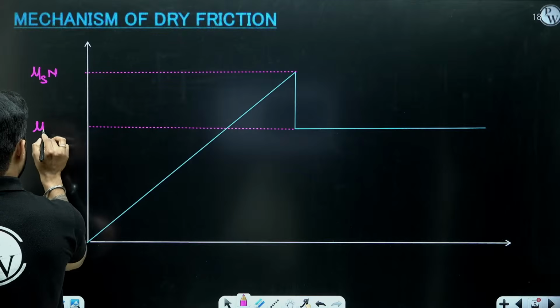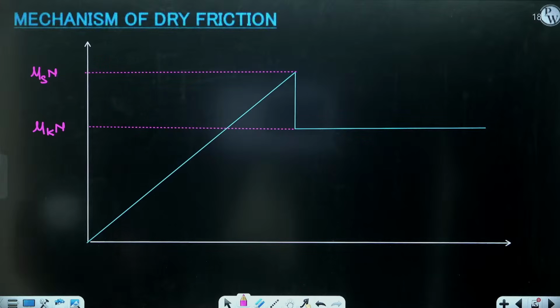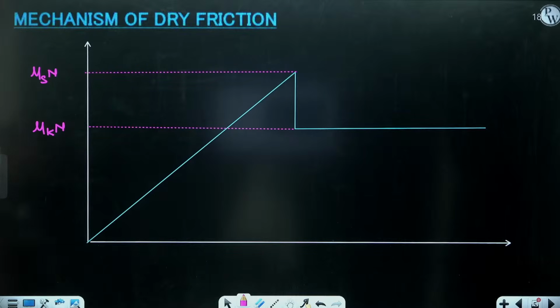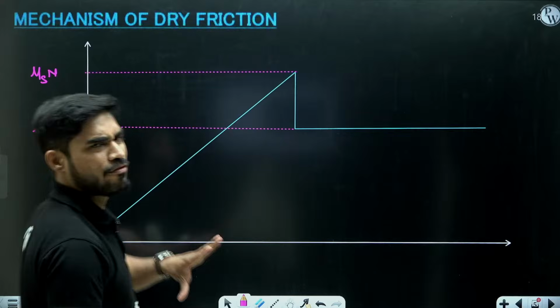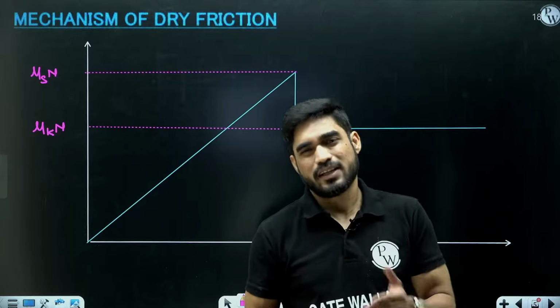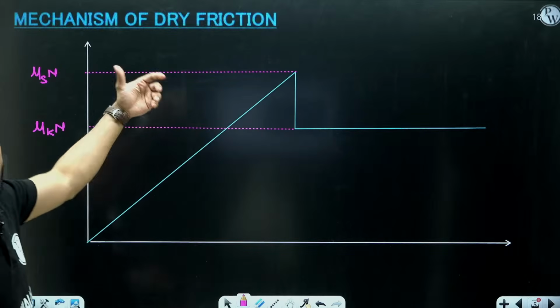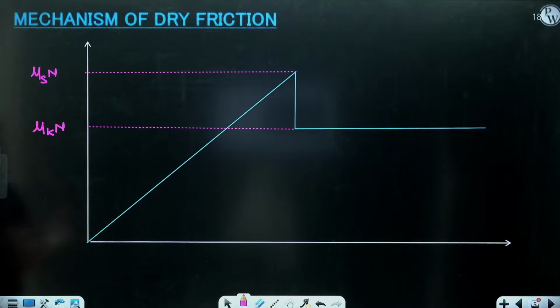It is mu k into N. Mu s is known as the static coefficient of friction and mu k is known as the kinetic coefficient of friction. Both these coefficients of friction depend on the types of material and the texture of the material, and mu k is slightly less than mu s. We have seen this concept.